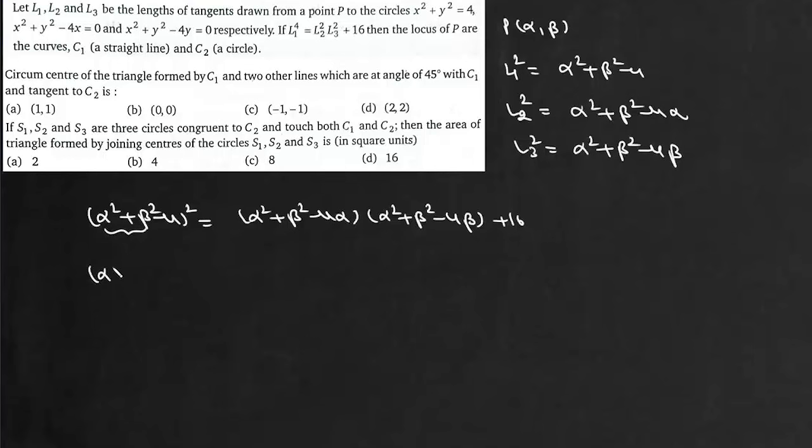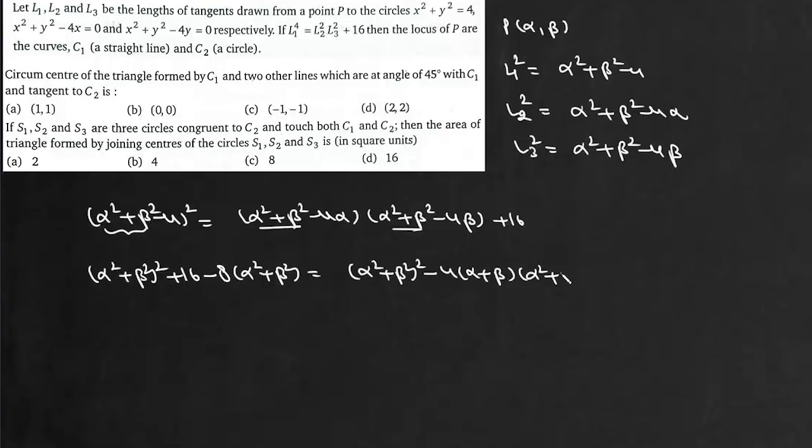We can write this as alpha square plus beta square whole square plus 16 minus 8 alpha square plus beta square, and here also we'll take this as one term. So it will be alpha square plus beta square whole square minus 4 alpha plus beta into alpha square plus beta square, and then plus 16 alpha beta plus 16.